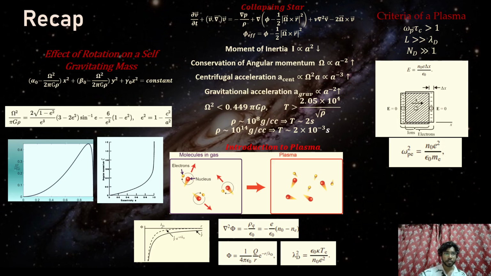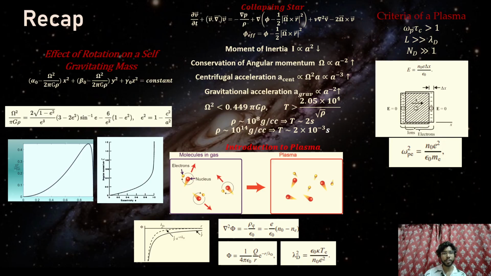So we started with the effect of rotation on a self-gravitating mass, right? Whenever a star or another object is rotating, it takes the shape of a spheroid or an ellipsoid, like we have seen in the previous week. Mostly it takes the shape of an oblate spheroid.